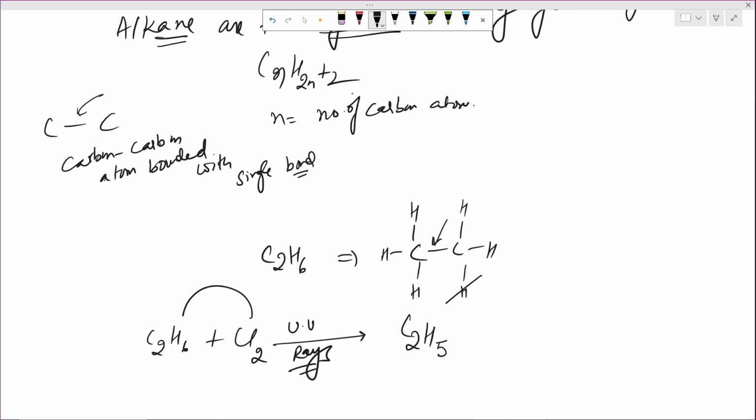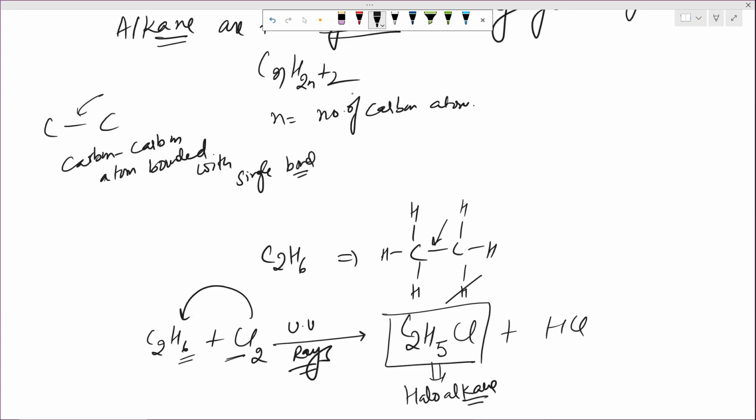One chlorine atom takes the place of that hydrogen and forms C2H5Cl, and the released hydrogen with the other chlorine will form HCl. Got it? Now this is known as haloalkane.